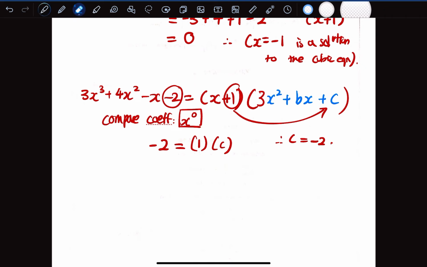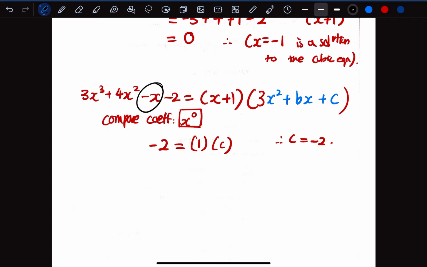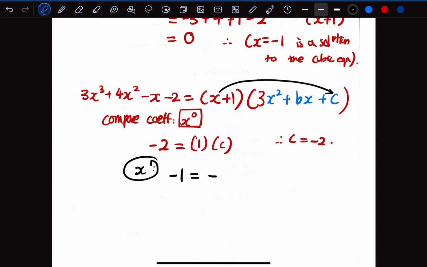And now that we have c equals -2, we also need to find our b value, right? For our b value, I'm going to take a look at my -x over here. So I'm looking at x to the power of 1. On my left hand side, my coefficient is -1. And on my right hand side, when I multiply my values in, I'm going to get x times c, which is -2x, so I'm just going to write -2.